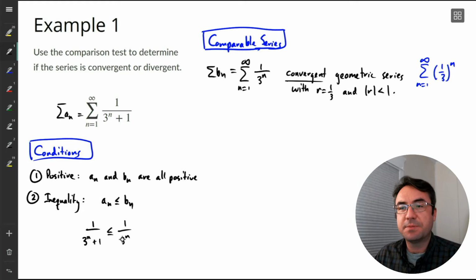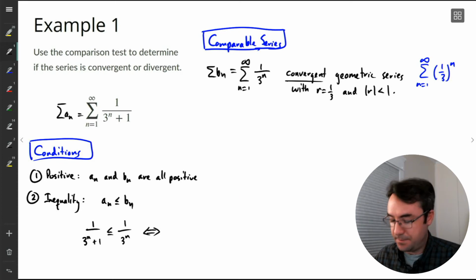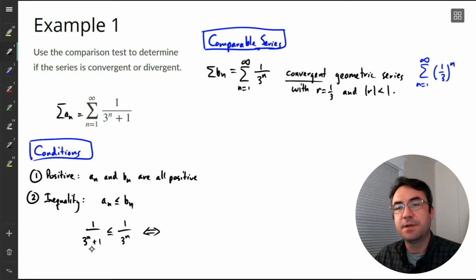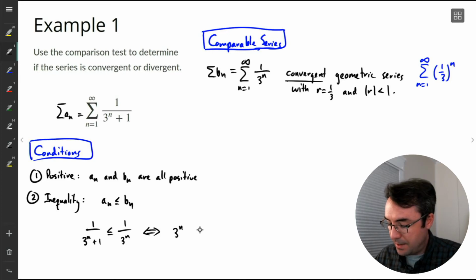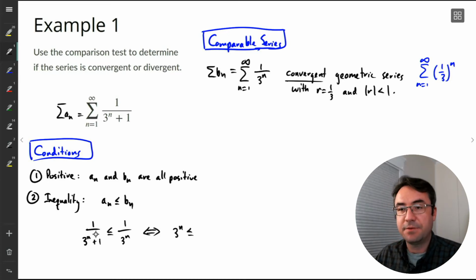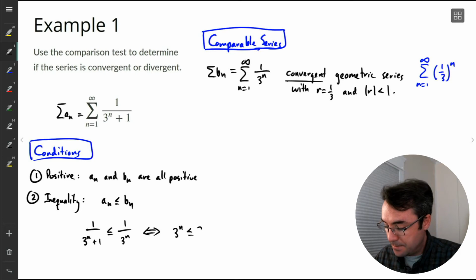And because everything is positive here, we can cross multiply, and it doesn't change the inequality. If we take the 3 to the n and multiply it on the left, we're really multiplying both sides by 3 to the n. So we get 3 to the n now on the left. Then we can do the same thing with the other denominator, multiplying both sides by 3 to the n plus 1.